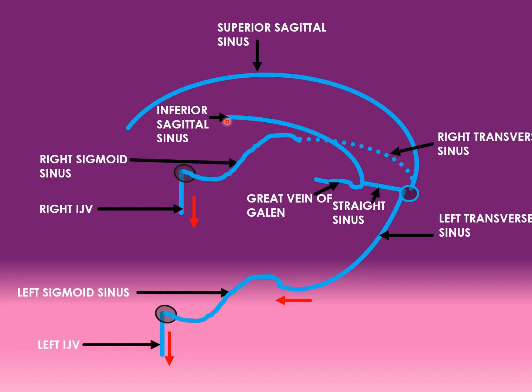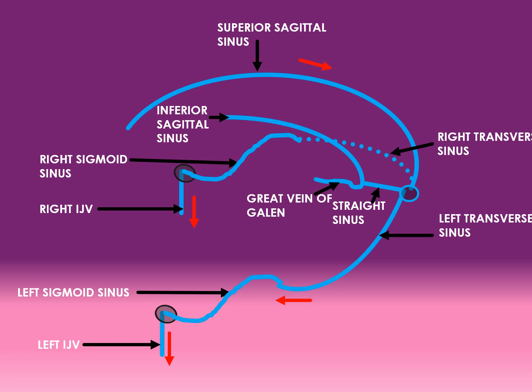The inferior sagittal sinus joins with the great vein of Galen to form the straight sinus. The straight sinus continues as the left transverse sinus, which continues as the sigmoid sinus. Sigmoid sinus enters the jugular foramen and continues as the internal jugular vein.